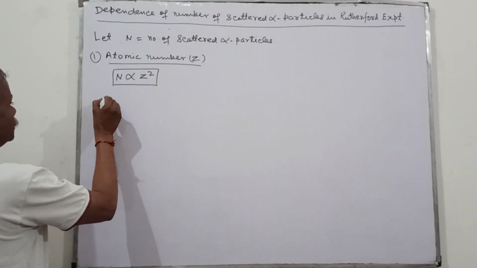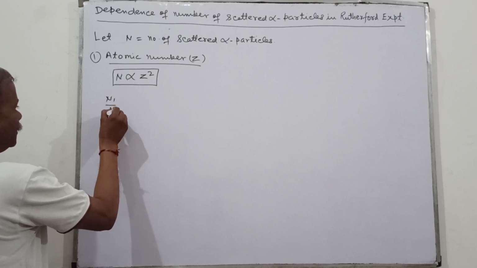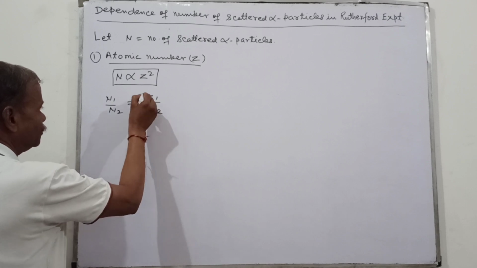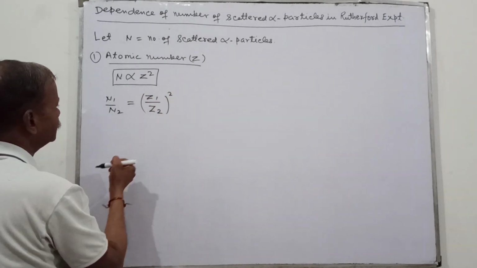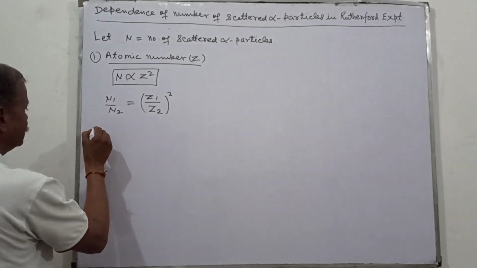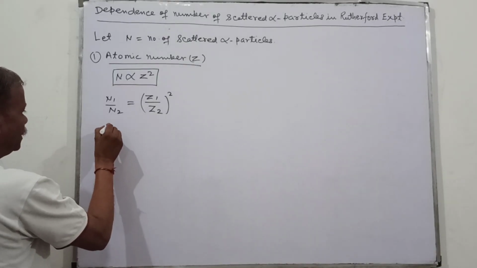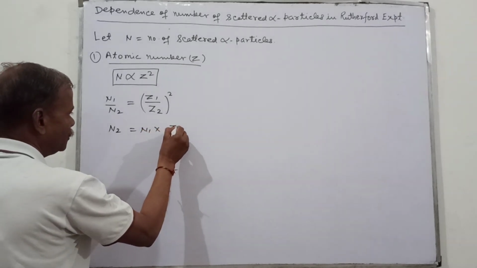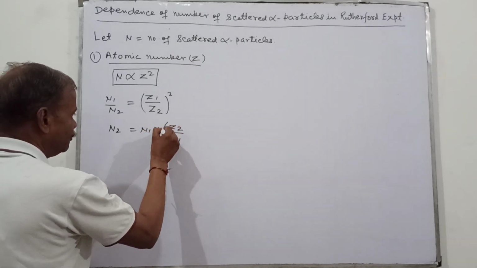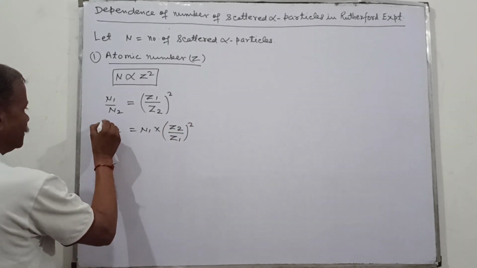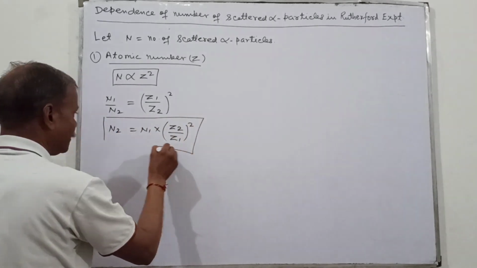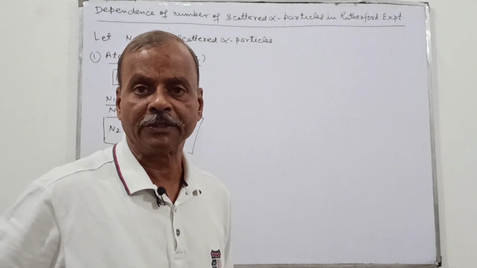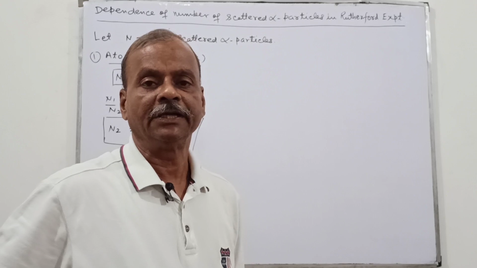So n1 upon n2 equals (z1 upon z2) whole square, and it gives you that n2 is equal to n1 into (z2 upon z1) whole square. So the number of scattered alpha particles is directly proportional to the square of the atomic number.